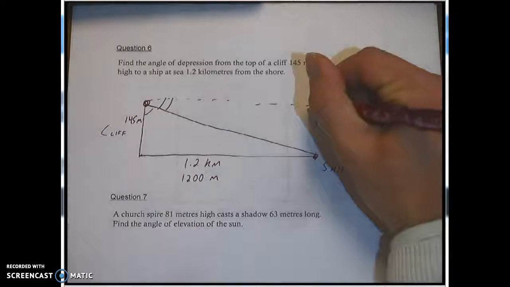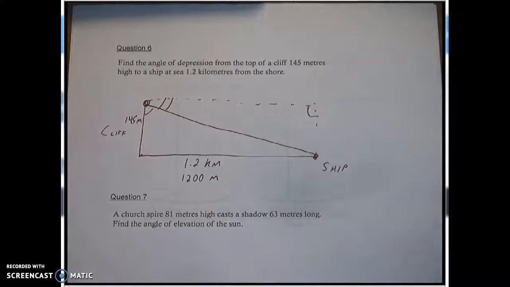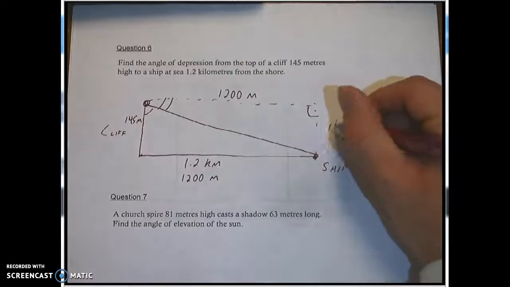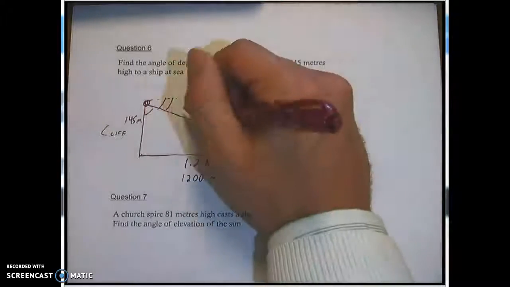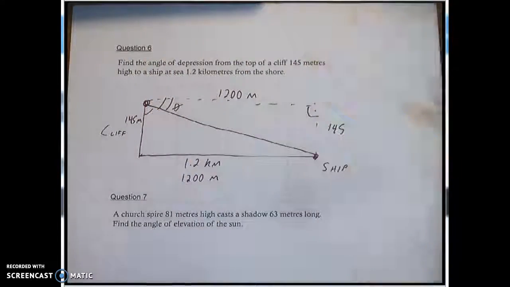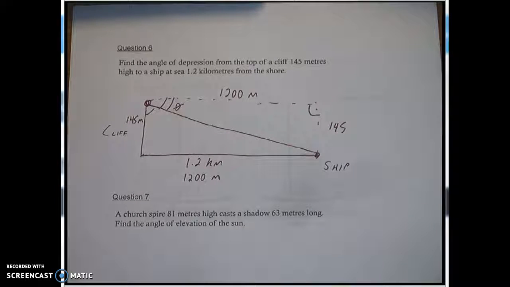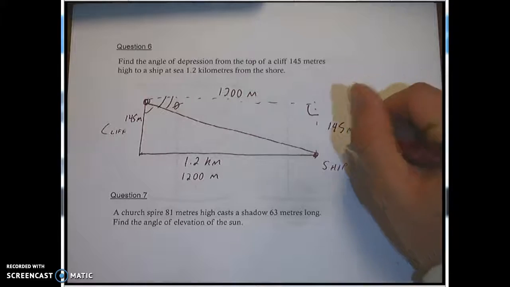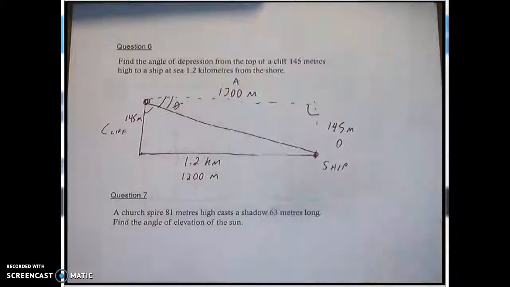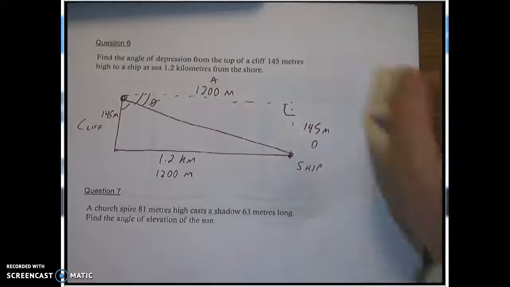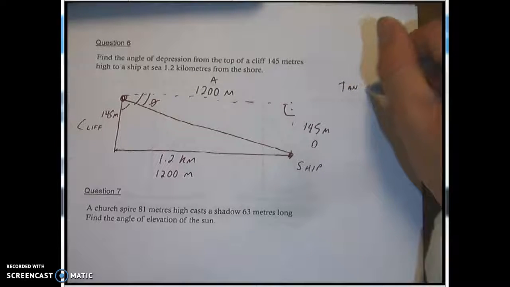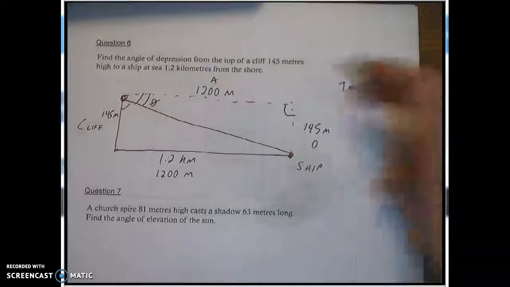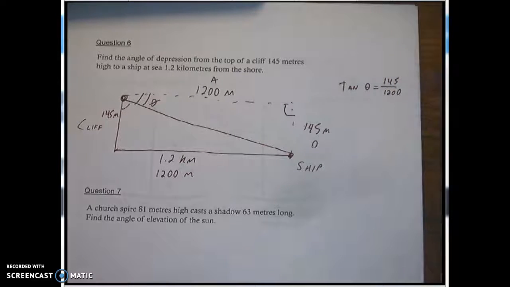So I'm actually going to be working with this right triangle up top. So this is still 1,200 meters, and this is still 145 meters. And I want to know this angle, let's call it theta. So from theta, we've got the opposite side and the adjacent side, which means I'm going to use tangent. So that means that tangent of theta is 145, the opposite, divided by 1200, the adjacent.